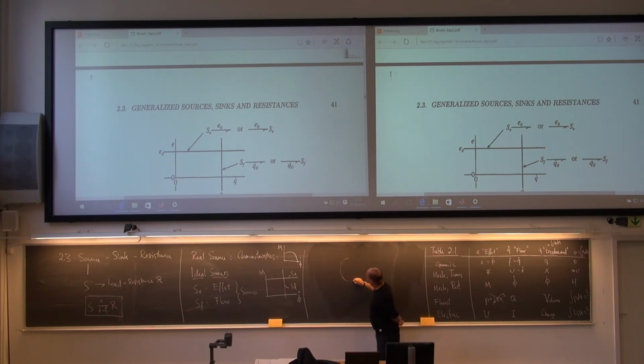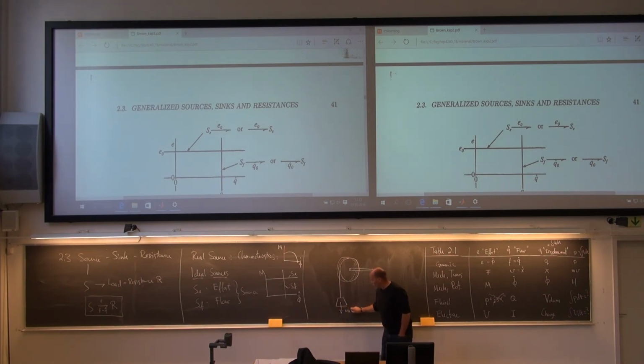You take a wheel here, and then you have an axis here, something like this, and on this wheel you have a thread, and here you let the thread go down, and then you put on some weight here.